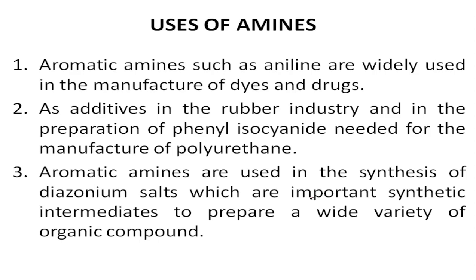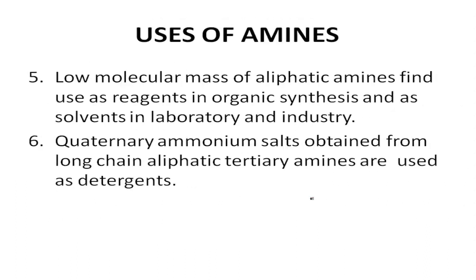Number 3, aromatic amines are used to synthesize diazonium salts, which are very important compounds. Number 4, 5, low molecular mass aliphatic amines find use as reagents in organic synthesis and as solvents in laboratory and industry.